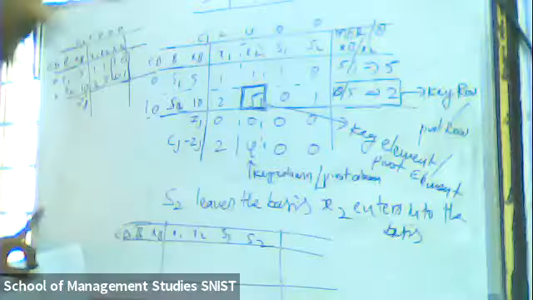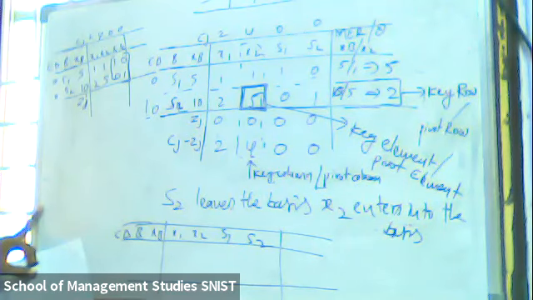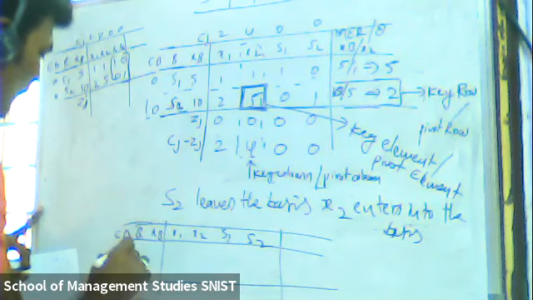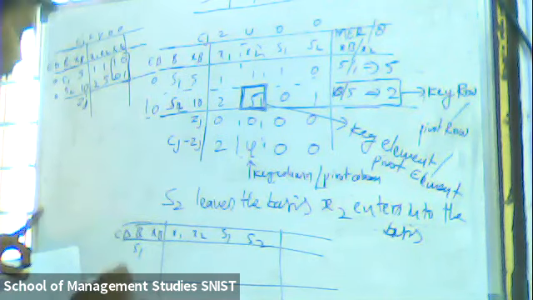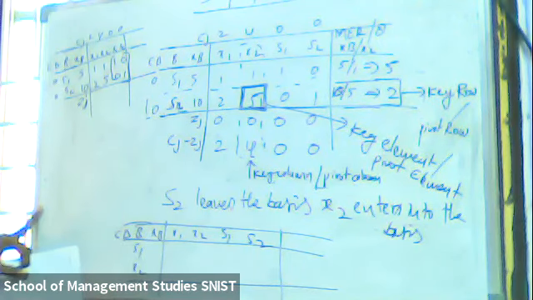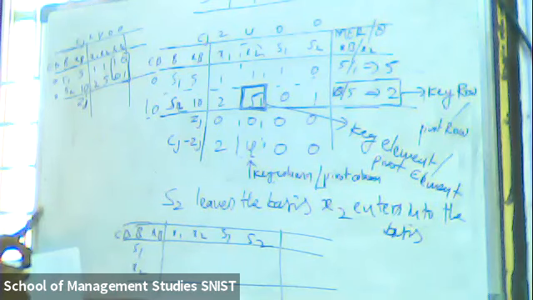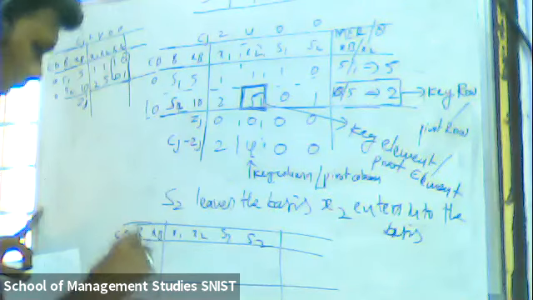Yes, sir, it is. Okay, S2, right? Now see first one S1. Now the second one, which is in the S2 place, which we got X2. So S1 value in the initial basic feasible solution, how much is that? 5.